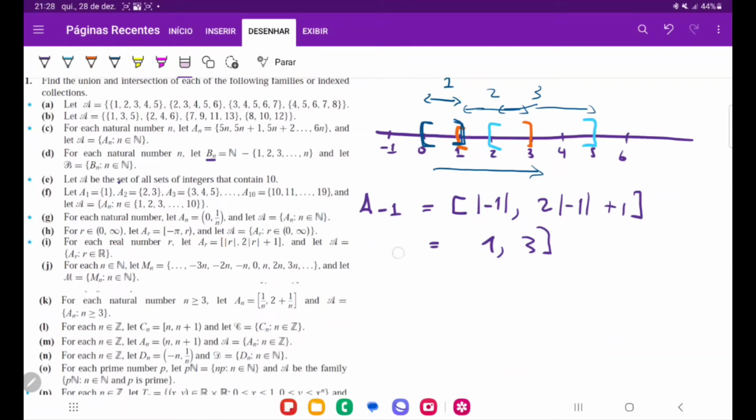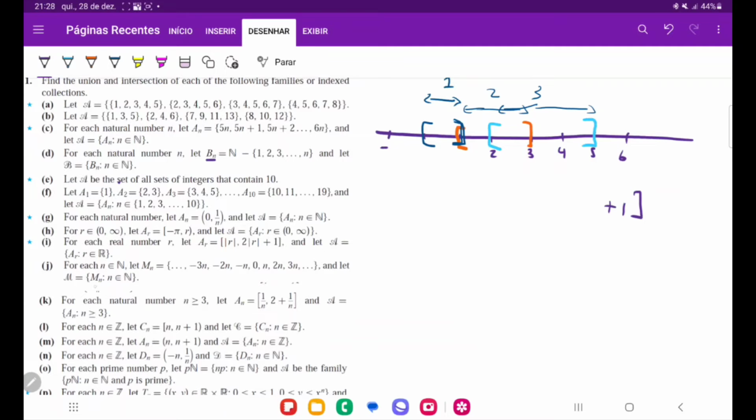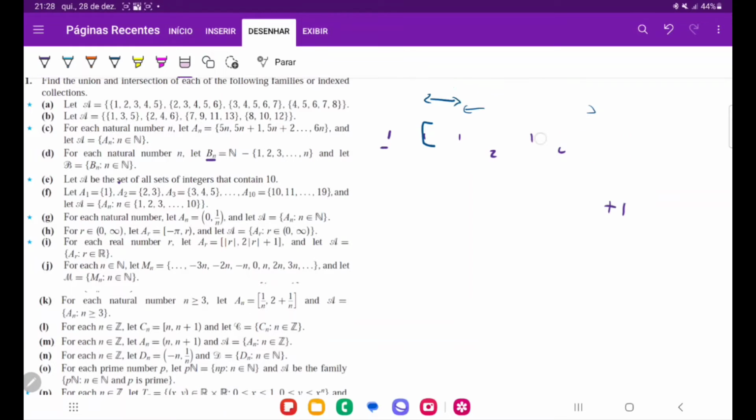Now let's do item J. So for item J, we're saying for each natural number, and this is an indexed collection where we have M1, M2, M3, and so on. So for each natural number, we're basically taking that natural number and multiplying by the integers.